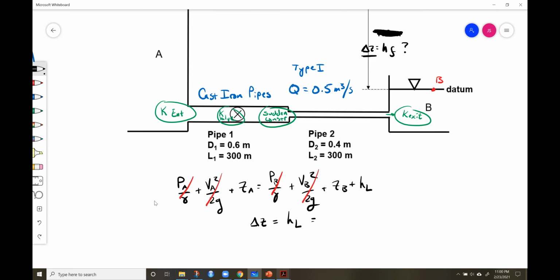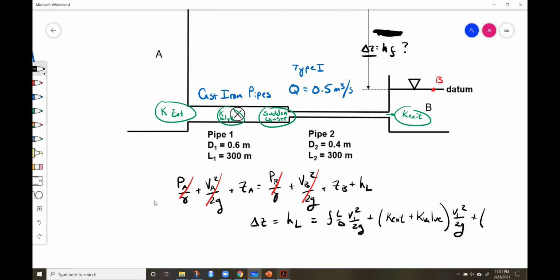And so let's unpack that head loss. So head loss is going to be equal to our major losses in pipe 1. And that'll be F L over D V, we'll say pipe 1, so V1 squared over 2G. And then we'll do our different minor losses. So that'll be K entrance plus K valve, V1 squared over 2G, plus whatever the sudden constriction is.